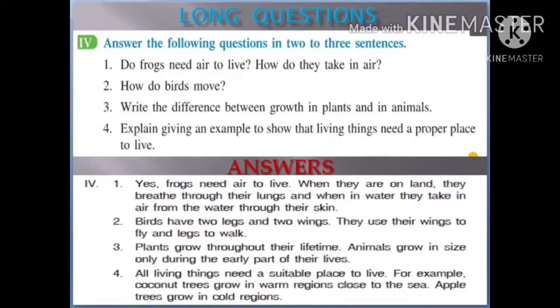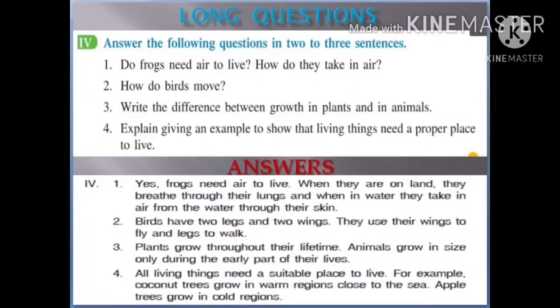So we can see that frogs live in both the places, land and in the water also.